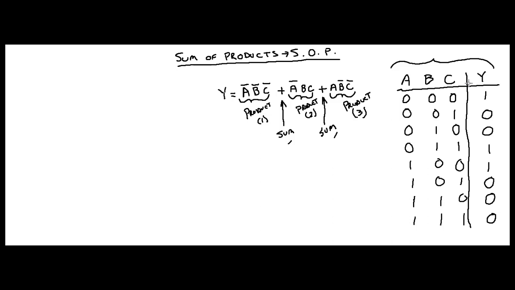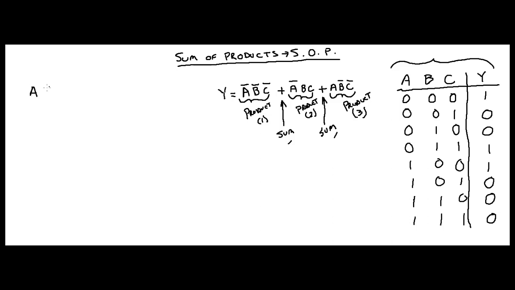Now let's draw the circuit, right? And I'm going to show you something a little different here. Usually we've been drawing them horizontal, but as our circuits are going to get a little more complicated, I want you to draw them like this. We're going to have 3 inputs, right?